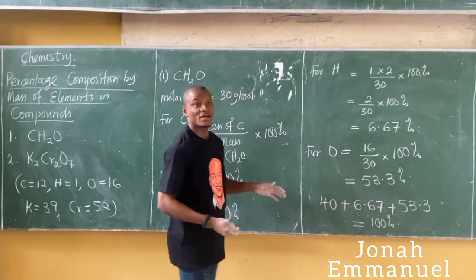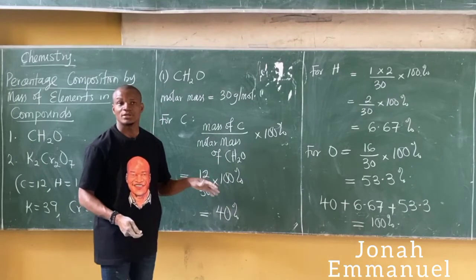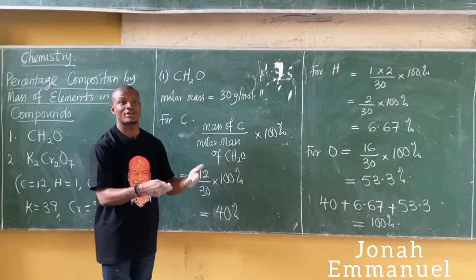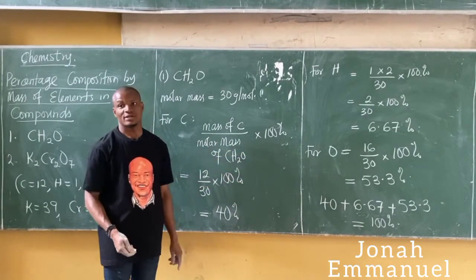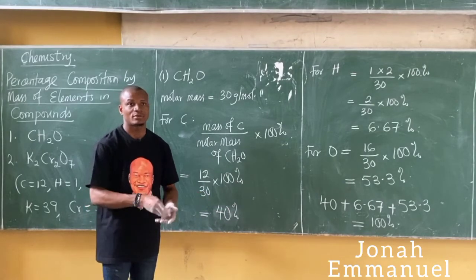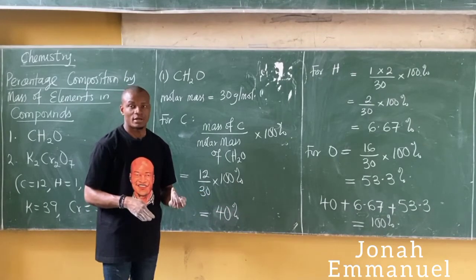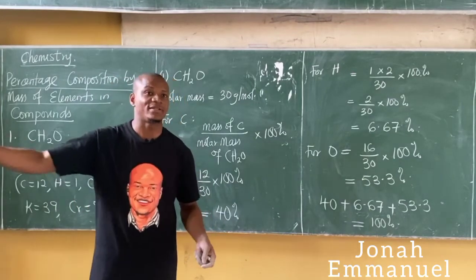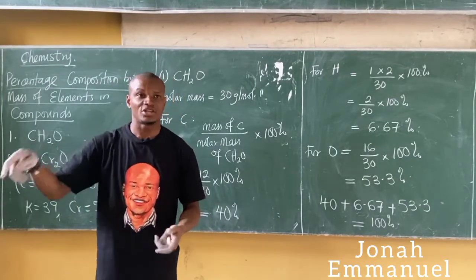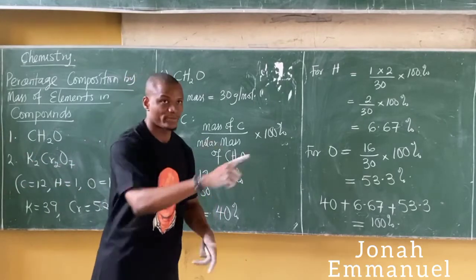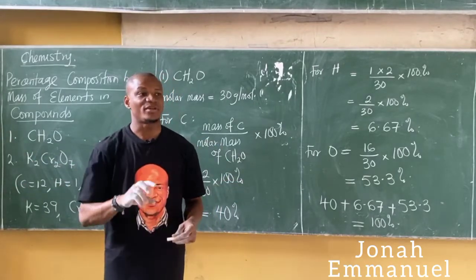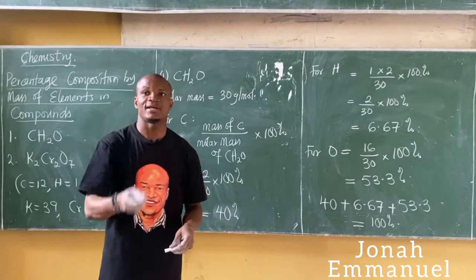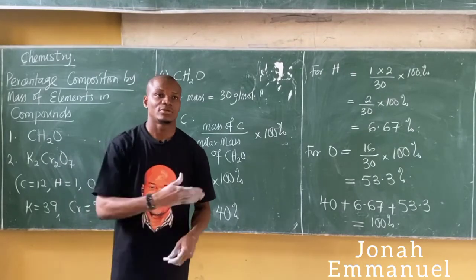So if I sum up the percentages of all the elements, it gives you 100. Even if you have 7 elements, get each of their percentages and combine them to give you 100%. 100% means the total, so it makes sense.